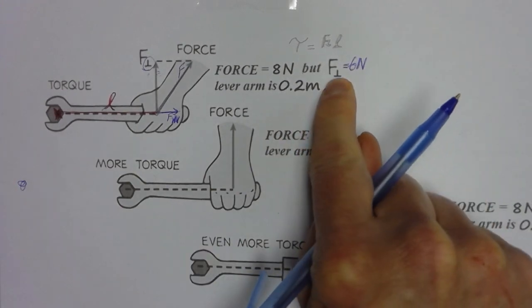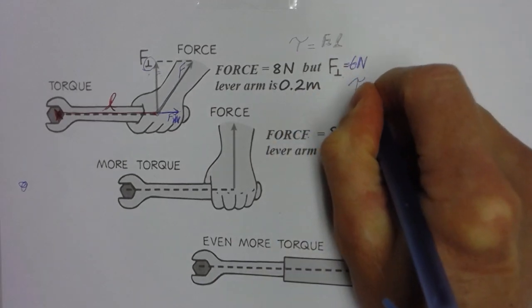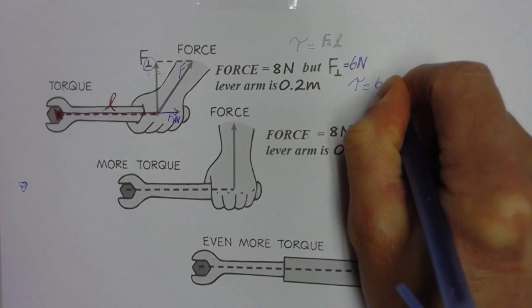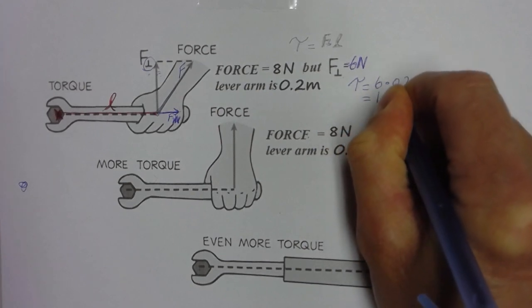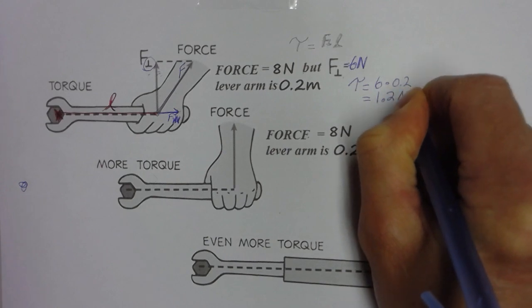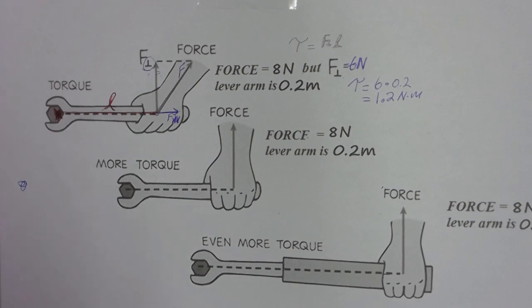So the perpendicular component is 6. The lever arm is 0.2, so the torque in this case is 6 times 0.2, which is 1.2 Newton meters.